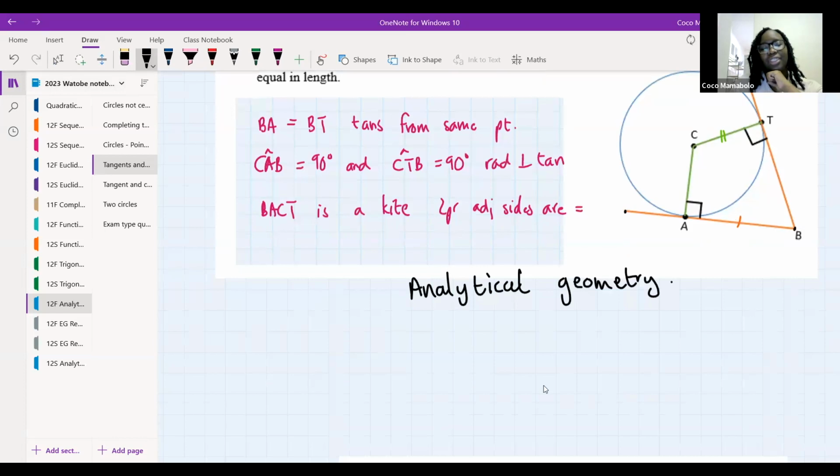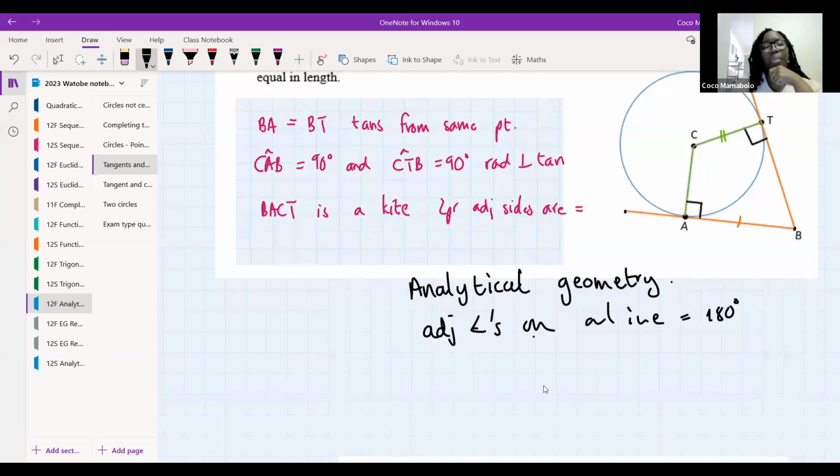Maybe they equal 180. Yes, if there are two angles and they are adjacent, then they're equal to 180. Adjacent angles on a line. Well done. We know that angles on a straight line add up to 180.